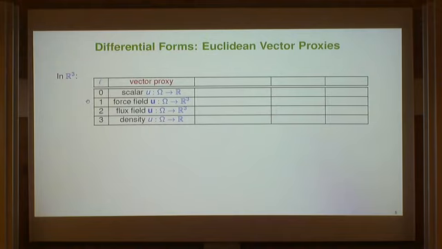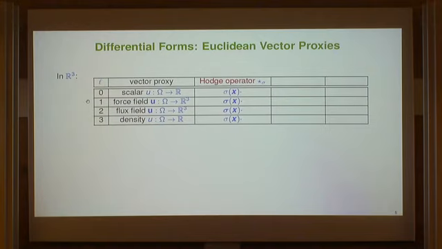And now, once you fix this isomorphism, this particular one based on the Cartesian coordinate system, then you can, of course, express the exterior derivative and the other operators in the exterior calculus through operators on vector fields and functions. And this is what I've done in this table.